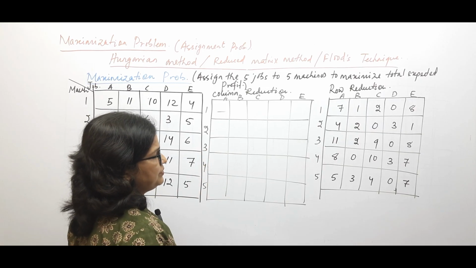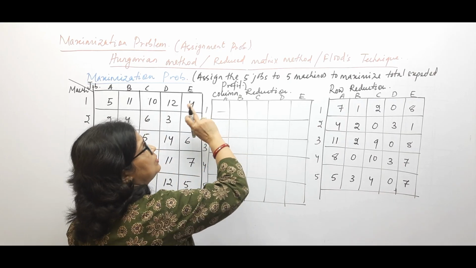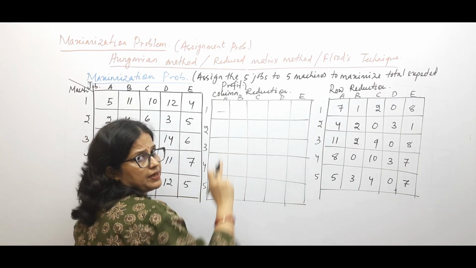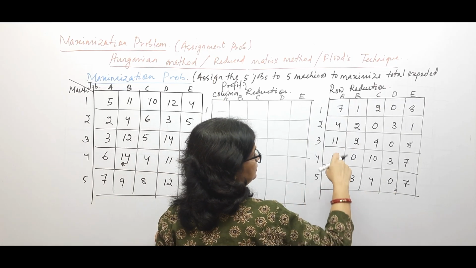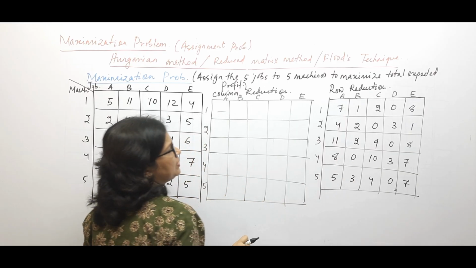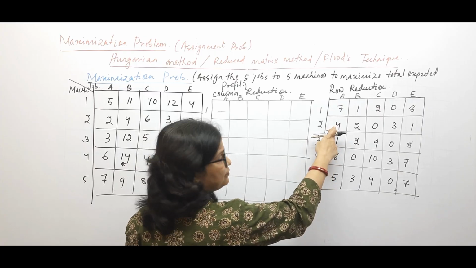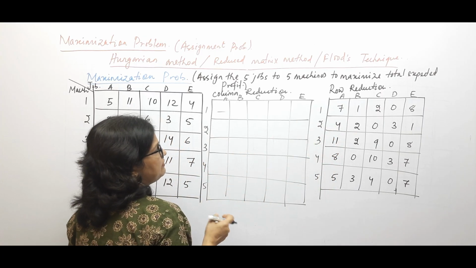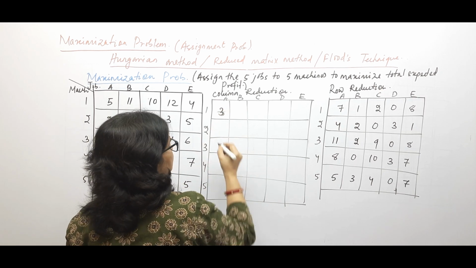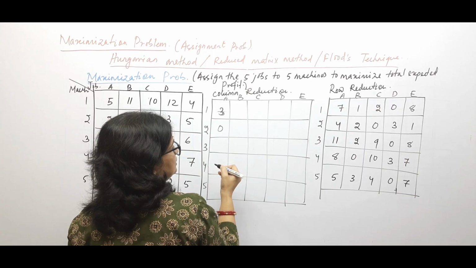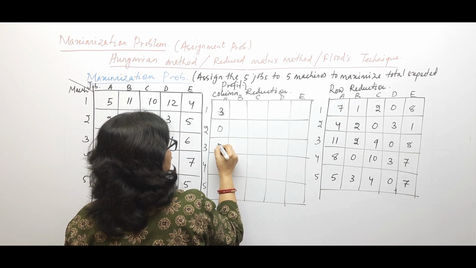For column reduction, we have to check each column. This method is called the Hungarian method or reduced matrix method. For each column, we need to check the minimum value. For this column, the minimum value is 4, so 7 minus 4 is 3, then 4 minus 4 is 0, then 11 minus 4 is 7.